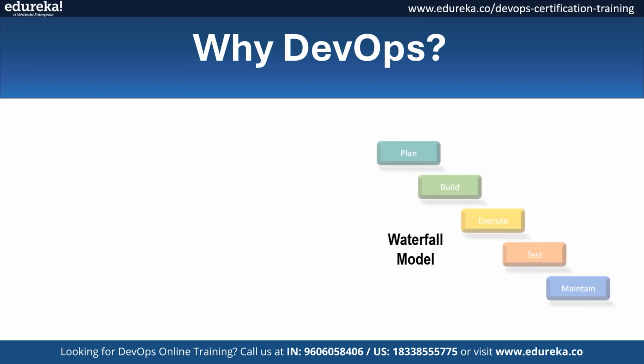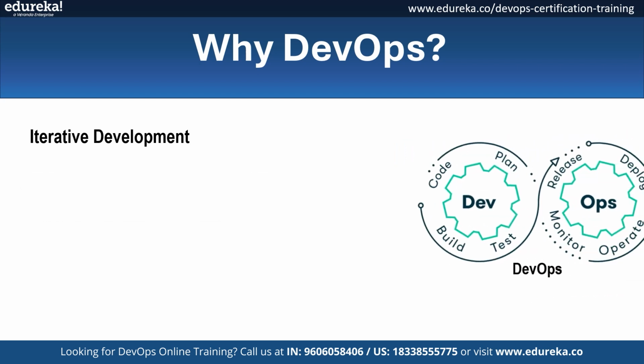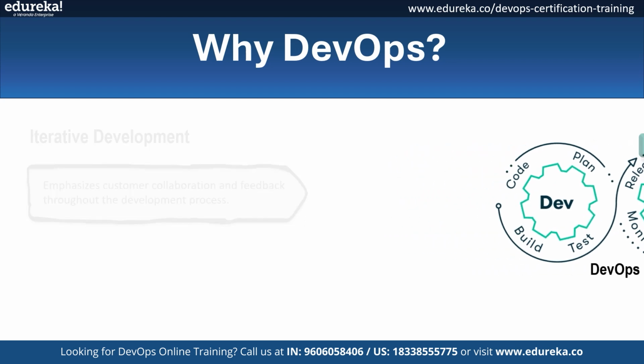The next reason is iterative development. Waterfall's Big Bang approach meant that errors and issues were often discovered late in the development cycle, which led to costly rework. Whereas DevOps incorporates iterative development, allowing for continuous testing, feedback, and improvement, reducing the risk of late stage issues.